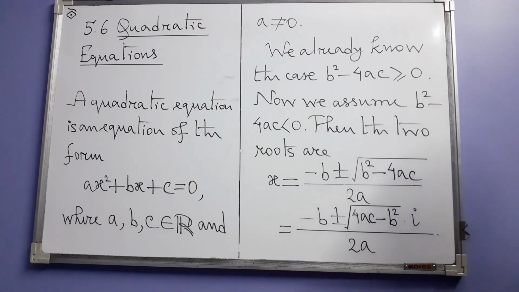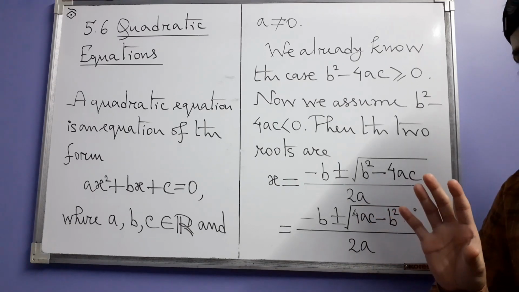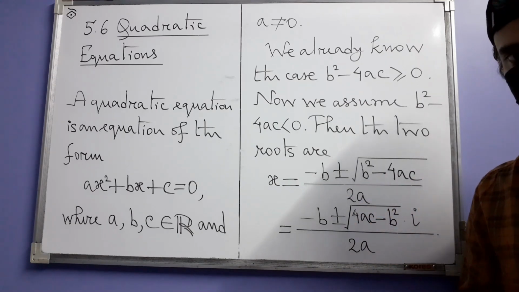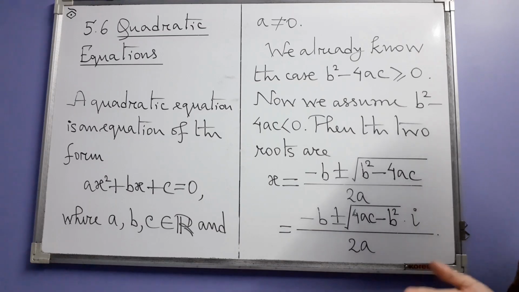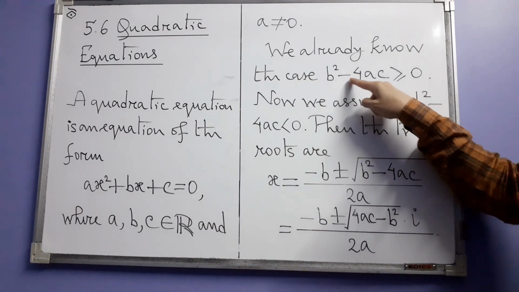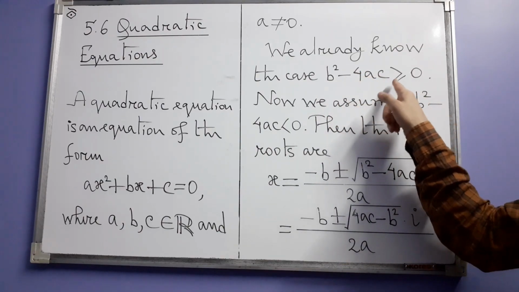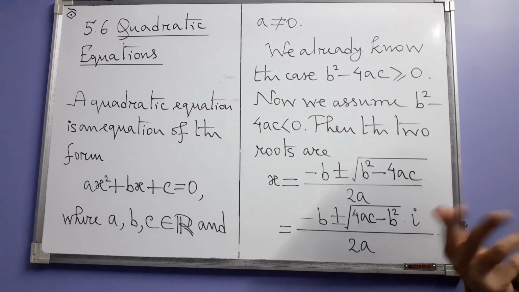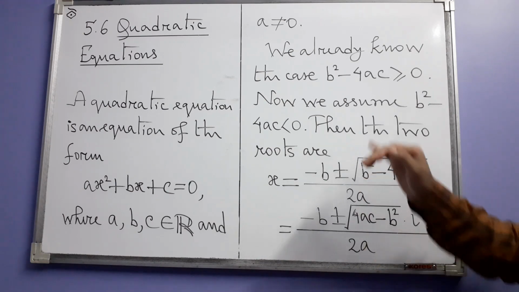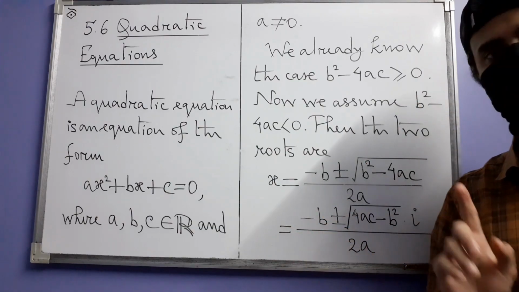Alright. So although we know this formula, we haven't really fully utilized it, in the sense that so far we have only used the formula in the case where b squared minus 4ac is greater than or equal to 0. We know that this quantity is called the discriminant of the quadratic equation.